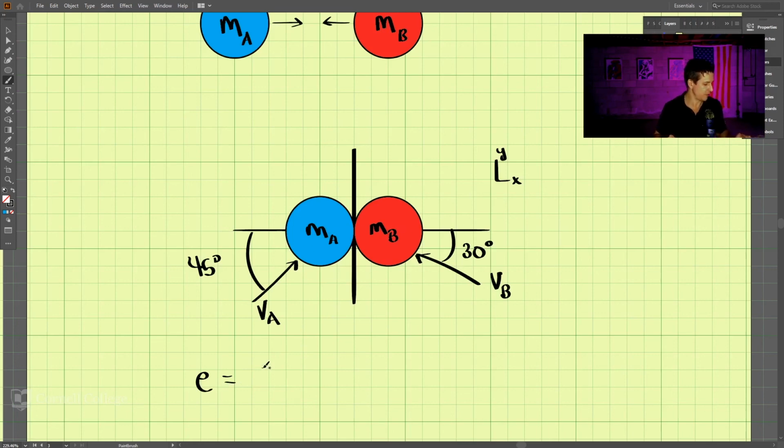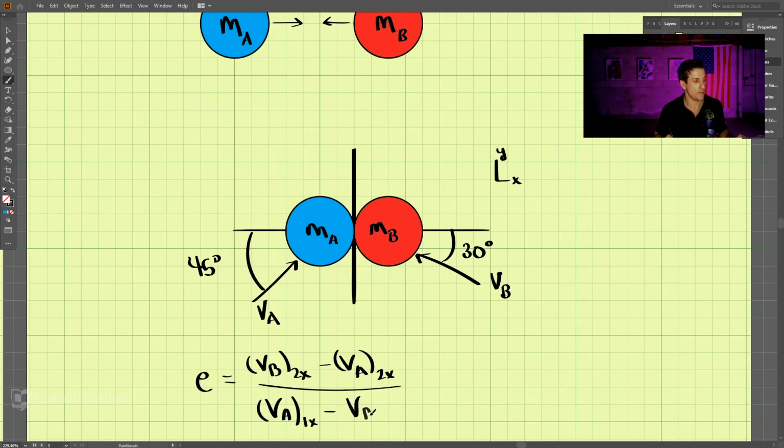So the coefficient of restitution is VB2x minus VA2x in the x direction, divided by VA1 in the x direction minus VB1 in the x direction. So this equation only applies in the x direction because the line of impact is there.